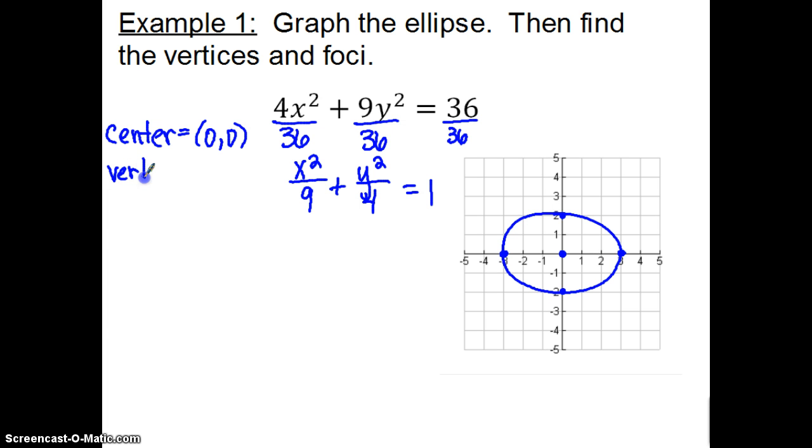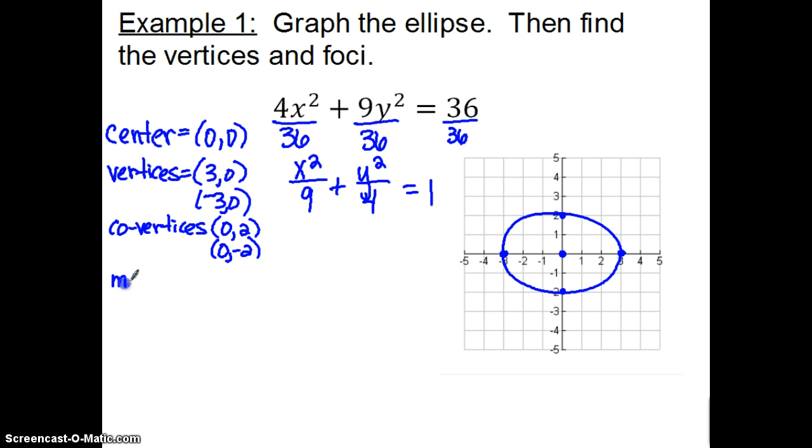Remember, these are the points that are furthest away from our center. In this case it's (3, 0) and (-3, 0). And then our co-vertices are the points on the ellipse that are closest to the center. That is (0, 2) and (0, -2).